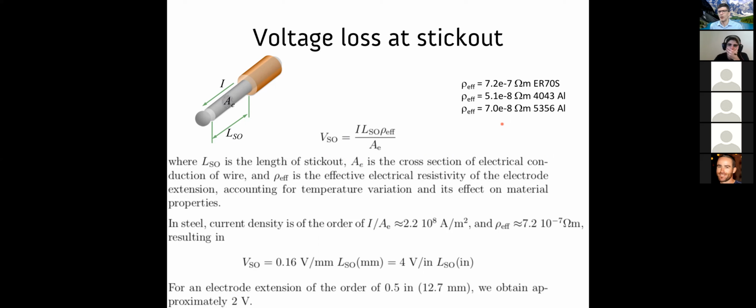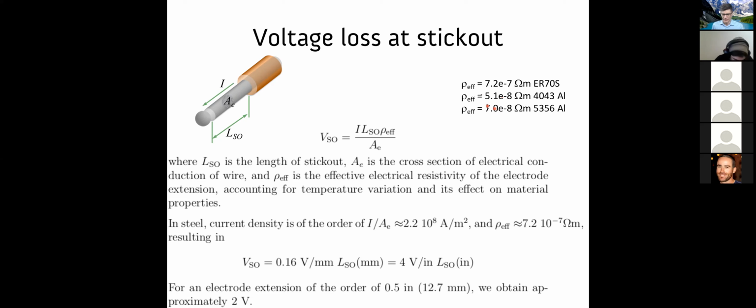I want a ballpark value. What do you think the stickout voltage would be? Wait, let me give you a hint. Resistivity of aluminum is more or less 1/10 of the resistivity of steel. Yeah, it's of the order of 0.2 volts.